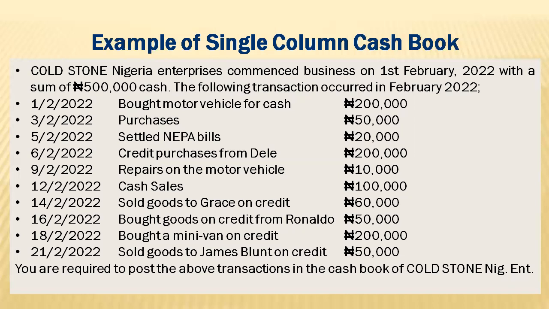Then on the 21st of February 2022, sold goods to James Blunt on credit. You can see a credit transaction does not appear in our cash book, and as such, that transaction would not go to the cash book.